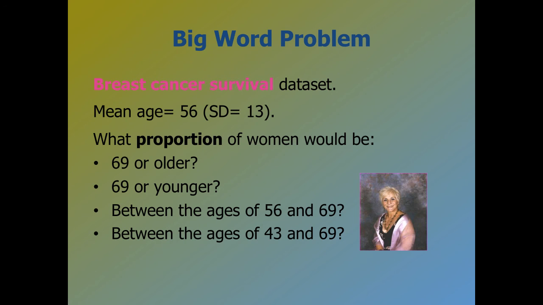Likewise, another problem, breast cancer survivor dataset. We have a mean age of 56, a standard deviation of 13. What proportion of women would be 69 or older, or 69 or younger? I want you to solve all those on your own, okay?